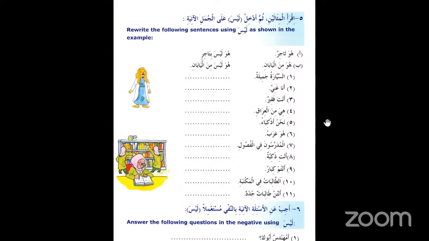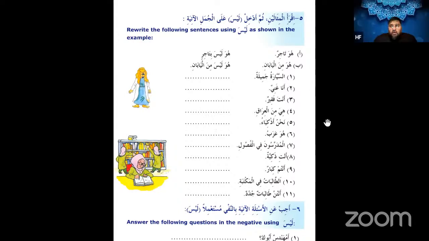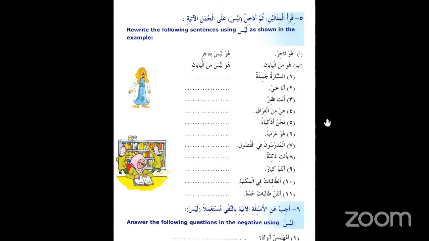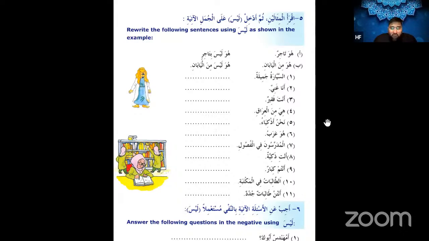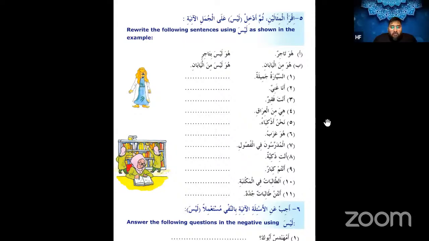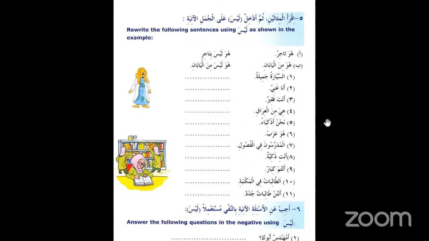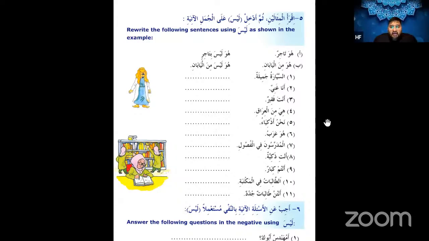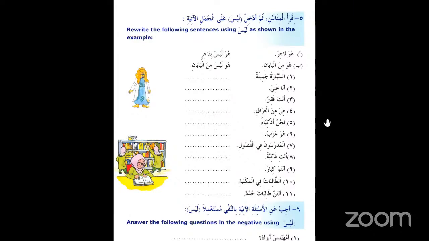Nahnu lasna biadhkiya. Isn't adhkiya a diptote, so it doesn't change to a kasra? Correct, sister. Because it ends in alif and hamza, it's a diptote, so it becomes bi adhkiya instead of a kasra. Thank you for correcting.